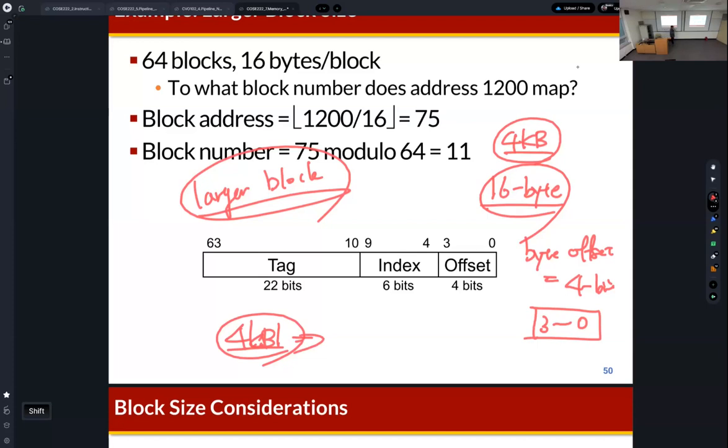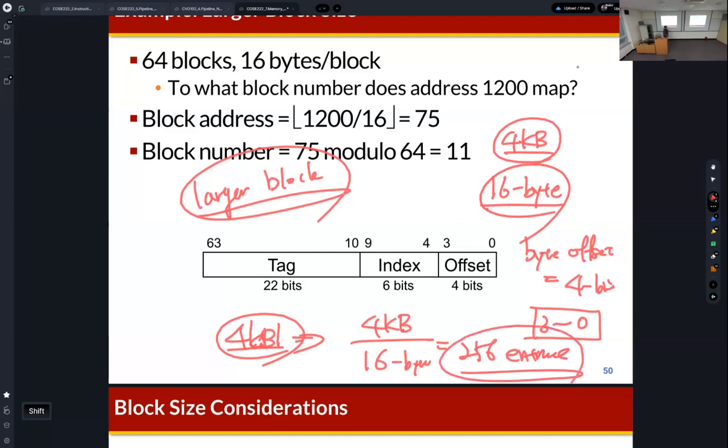Then how many entries? So 4 kilobytes, and a single entry size is 16 bytes, then how many entries? It's 256 entries. What does it mean?